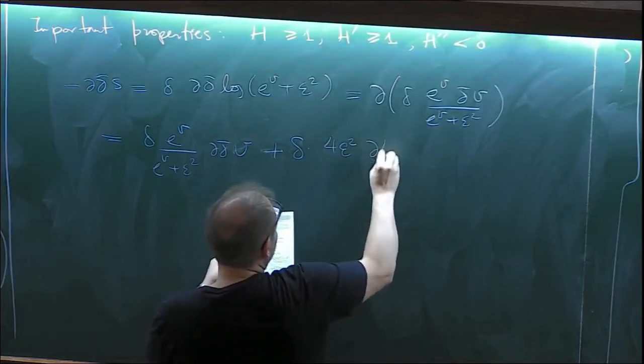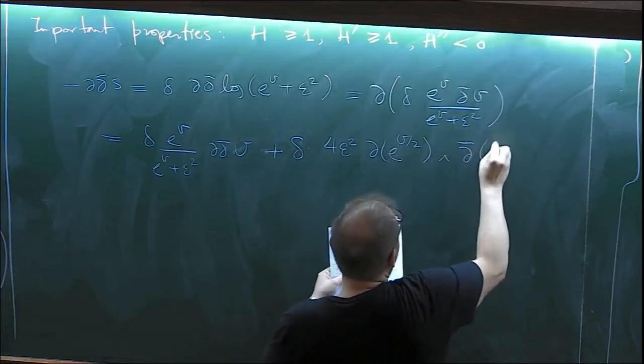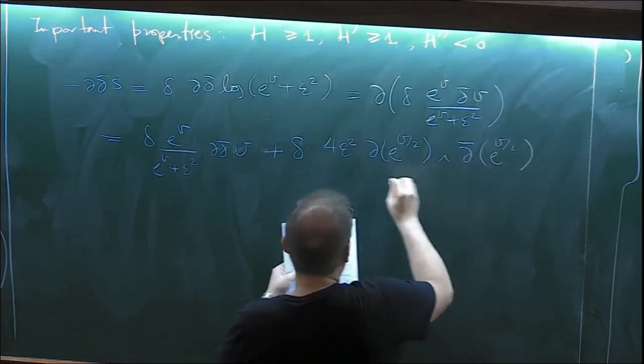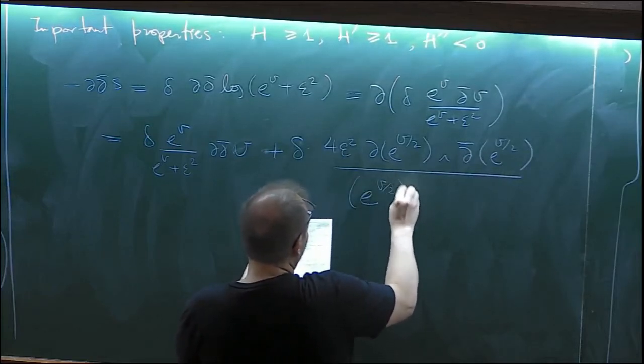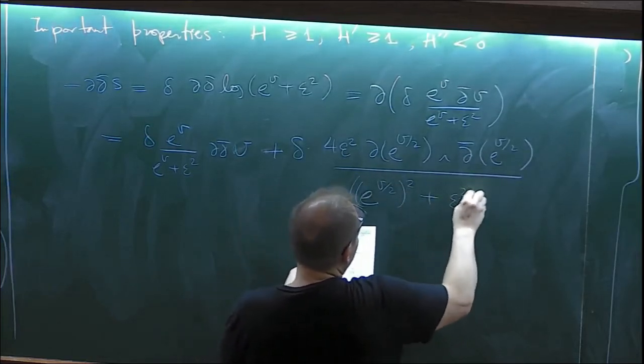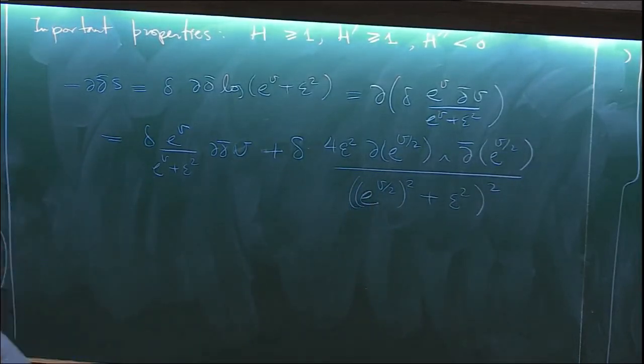This is d of e to the v over 2, wedge d bar e to the v over 2, divided by e to the v over 2 squared plus epsilon squared squared. So that's what you get. It's this d of e to the v over 2, which looks a little funny, but you should think of e to the v over 2 as the function which cuts out z. So I'm taking d wedge d bar. It's like the area measure. That's why it's like that.